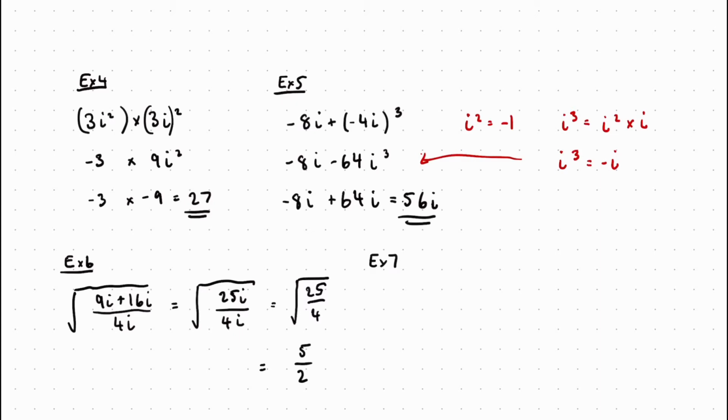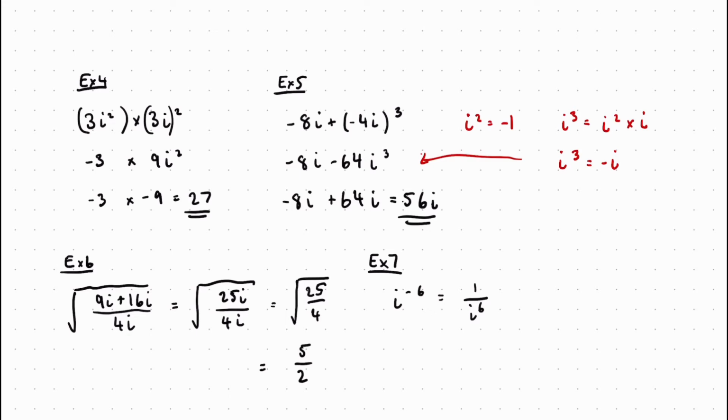Example 7. What is i to the minus 6? Well, minus means make it 1 over, so this is 1 over i to the power 6. What is i to the power 6? So this is what I was on about, breaking i down.